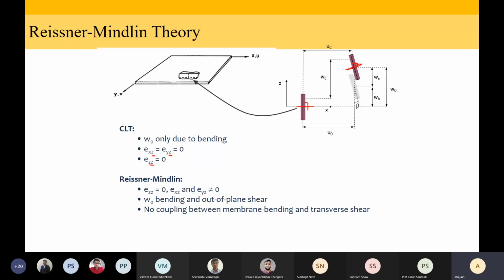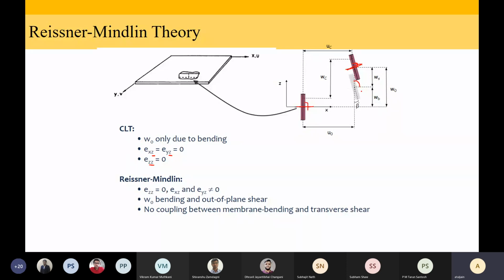Now, because of that, the section which was perpendicular to the central line is no longer perpendicular to the central line. This angle is not 90 degree. So based on this assumption, at every stage of the classical lamination theory, we have to redo our derivation, and we can account for out of plane shear also. So there can be higher order shear deformation theories.